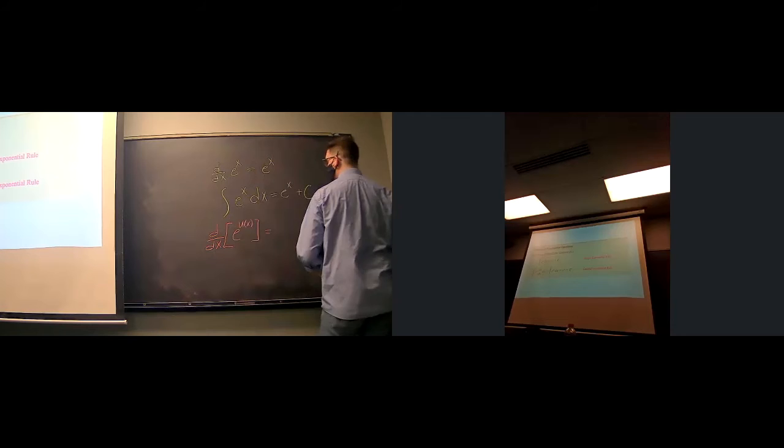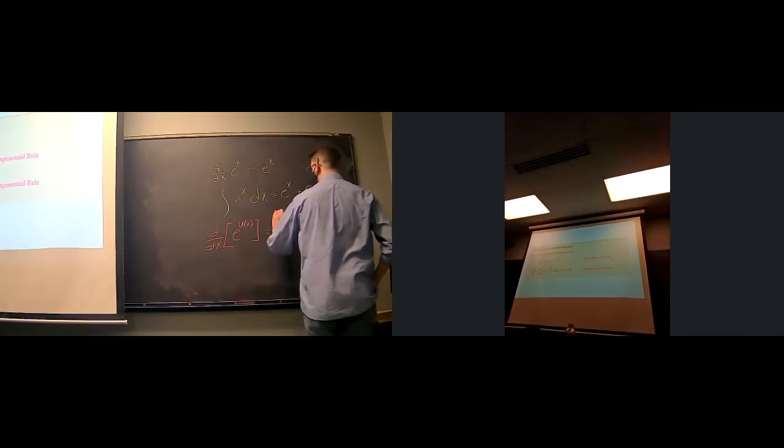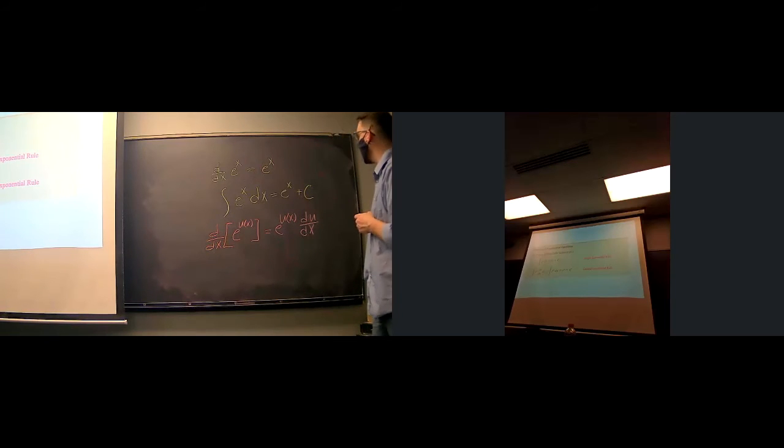Since the derivative of this thing comes out to be e to the u(x) du dx, using u substitution, we get the general exponential rule. And that's all they're doing here. Does that make sense to everybody?